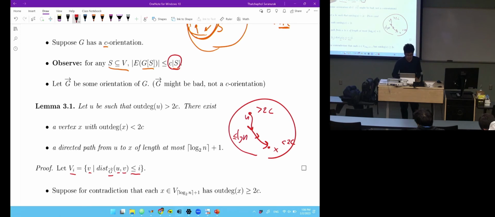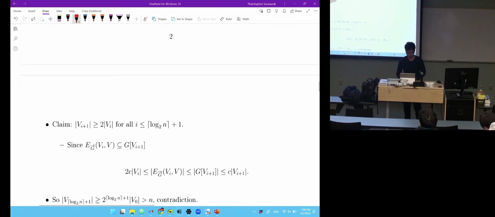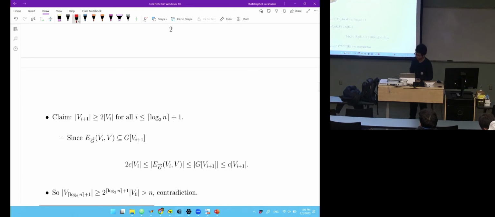So suppose that the lemma is not true. It means that even if you grow the ball to this radius, every node in this ball has out degree more than 2C. Now I want to say that something must give a contradiction.